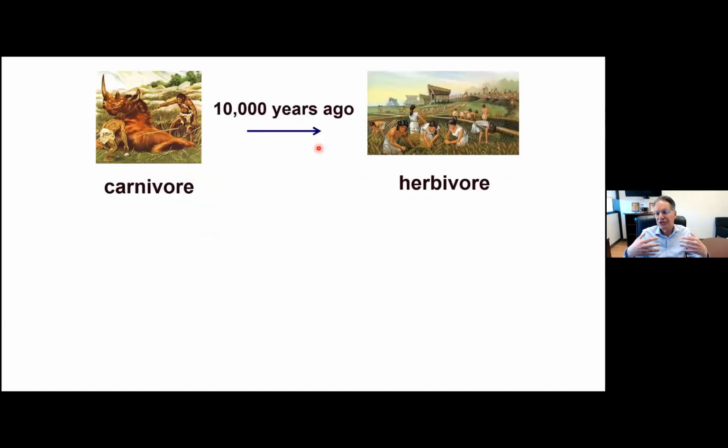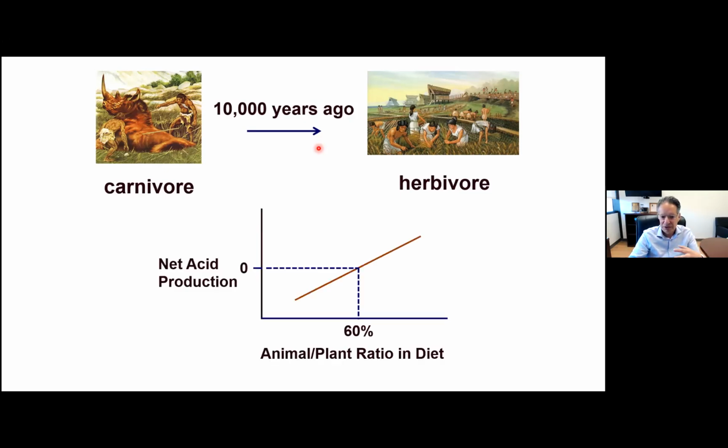Now, it turns out historically that this changed. Originally, humans were carnivores, and about 10,000 years ago, we figured out how to cultivate fruits and vegetables, and the proton load in the diet changed.